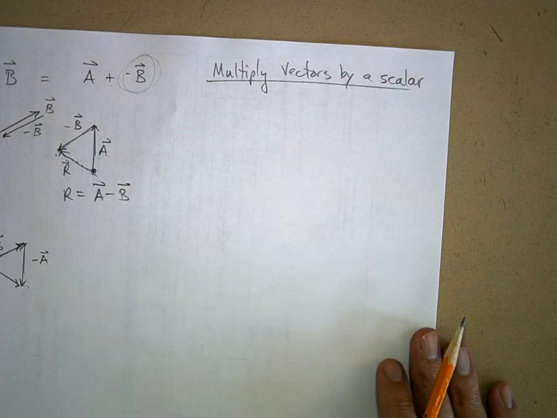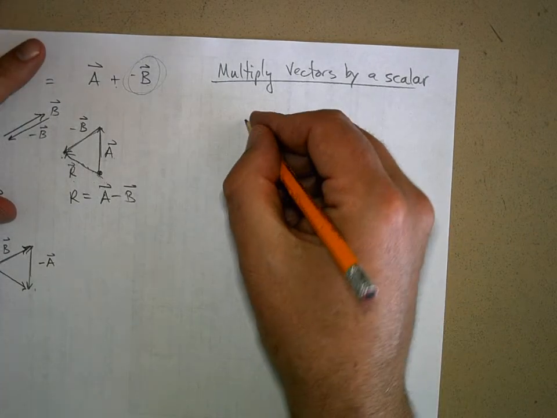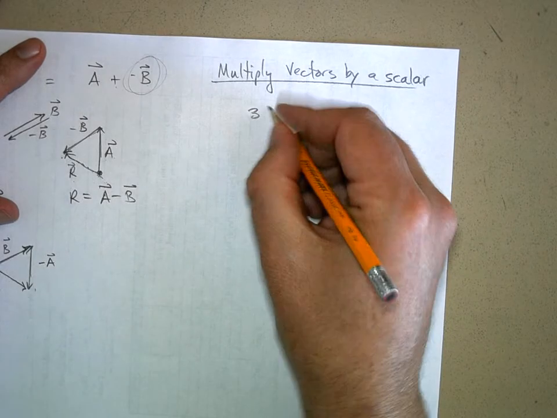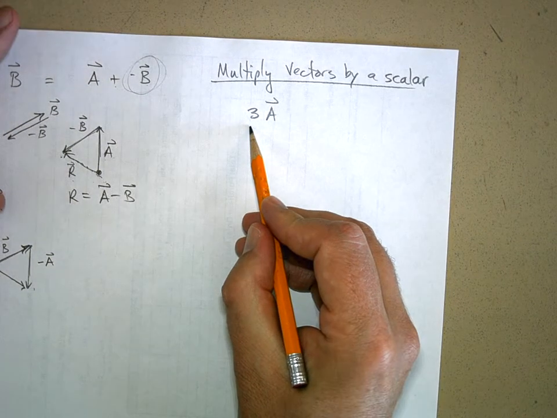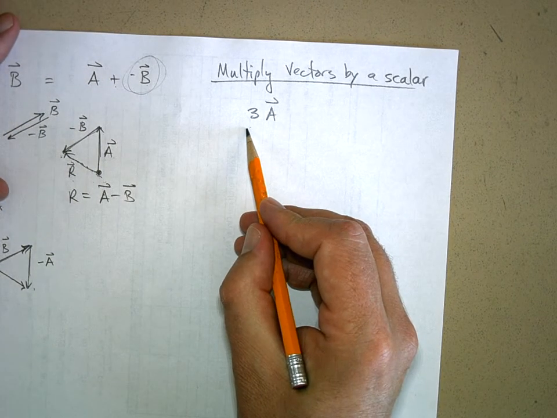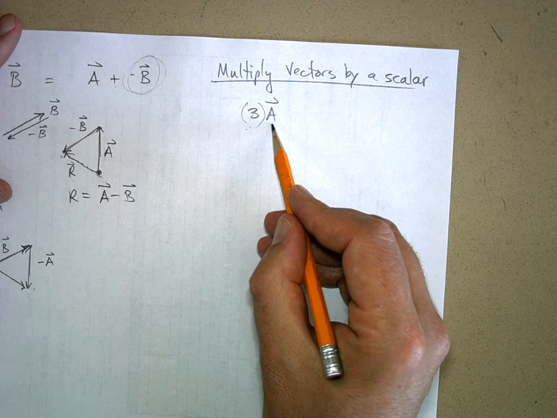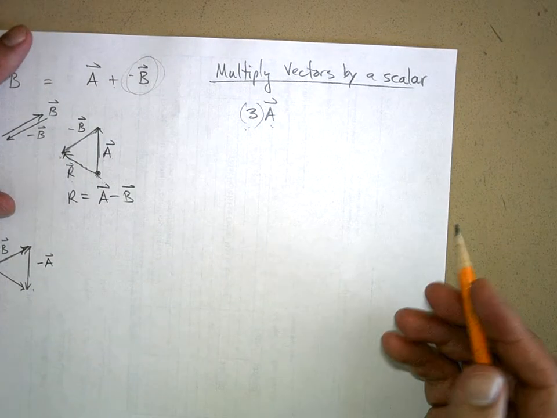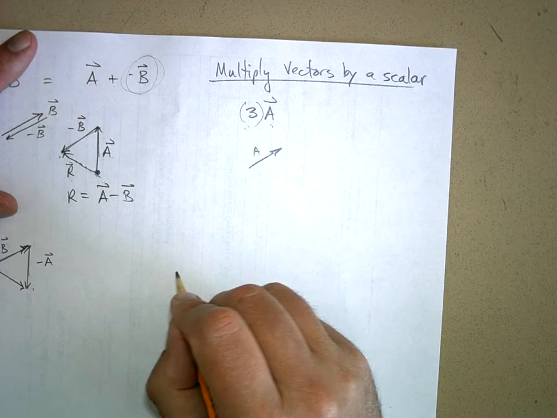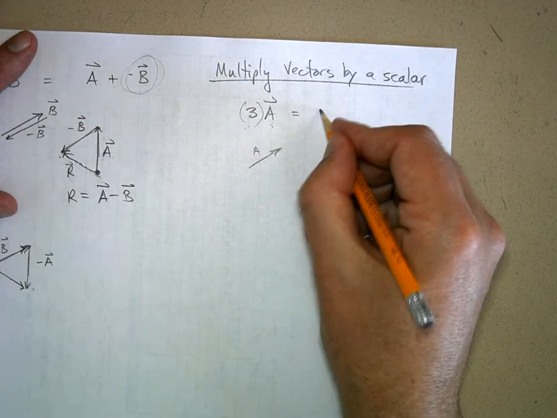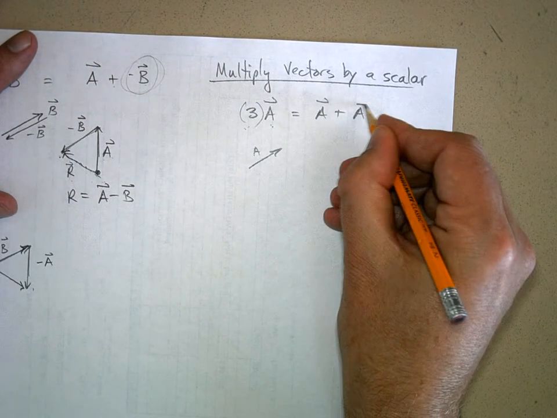If I say 3 times a, 3 is a scalar. There's my scalar. And I'm going to multiply it by vector a. So it's pretty easy. If this is vector a, well, this is going to be equal to a plus a plus a, right? So a plus a plus a.